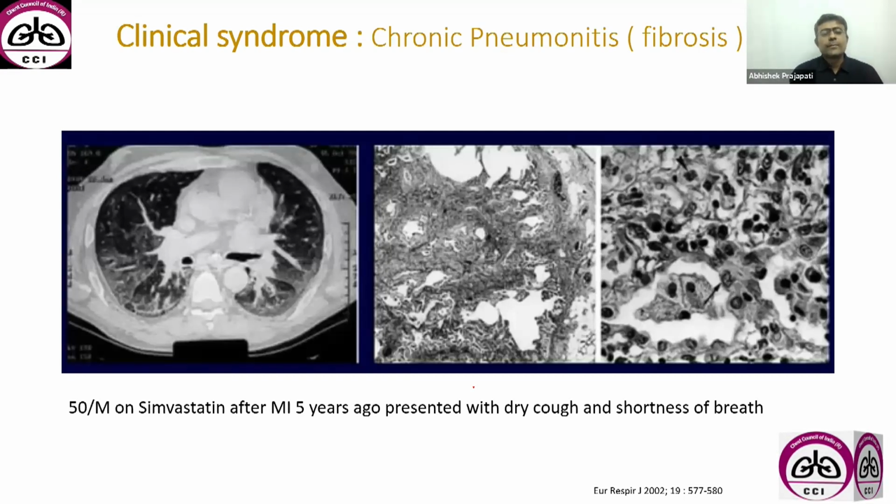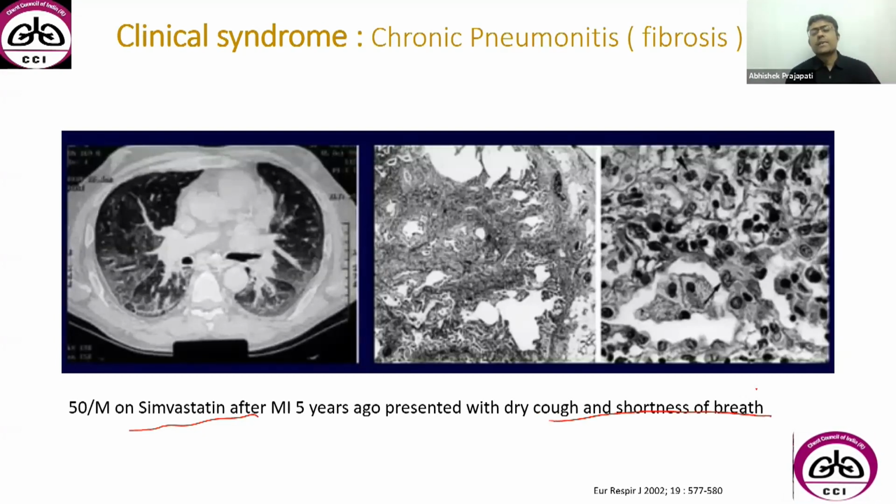Here is another case of a 50-year-old male on simvastatin after an MI 5 years ago, who presented with dry cough and shortness of breath. Recent literature emphasized the possibility of statin-induced lung injury in the Western world, like in Europe and America. The most commonly used statin there is simvastatin.